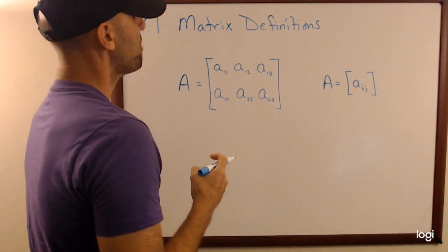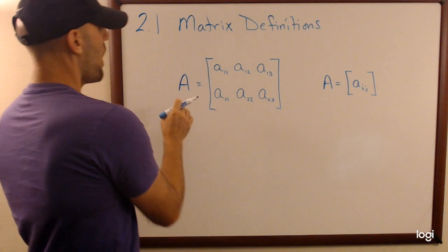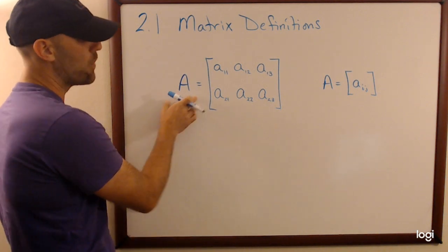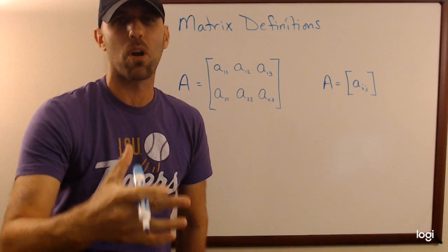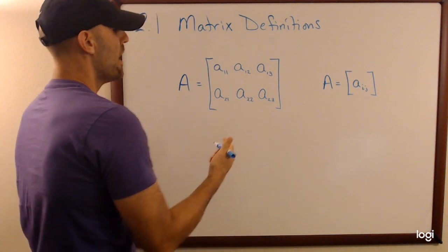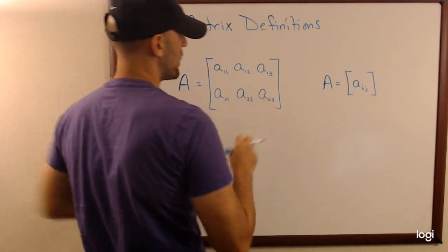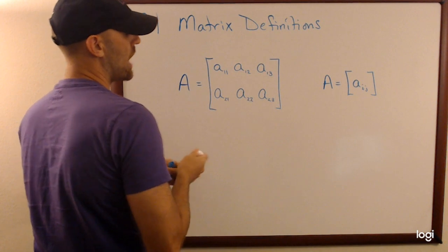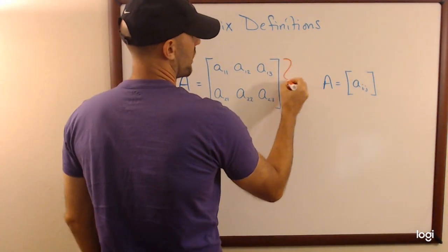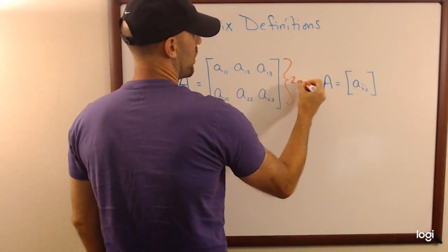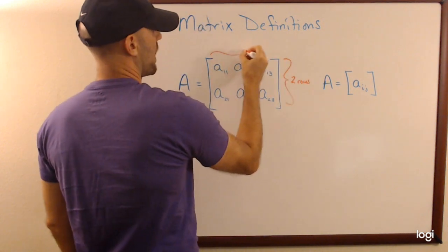So in this case, the one thing I do note is that A, whenever I write it, has a fixed number of rows and columns. This particular one has 2 rows and 3 columns. Okay, so here we go. That's 2 rows, 3 columns.